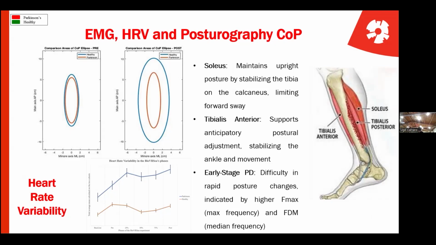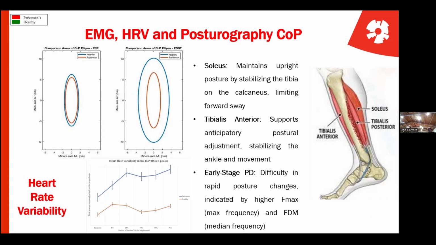So they have a protective reaction. They contract, and they draw a pattern that is a lot smaller than healthy. We find also that the muscle that is mostly involved, and that can distinguish pretty much healthy from Parkinson, is the soleus muscle. So the soleus shows more evidence of differences between the two cohorts.